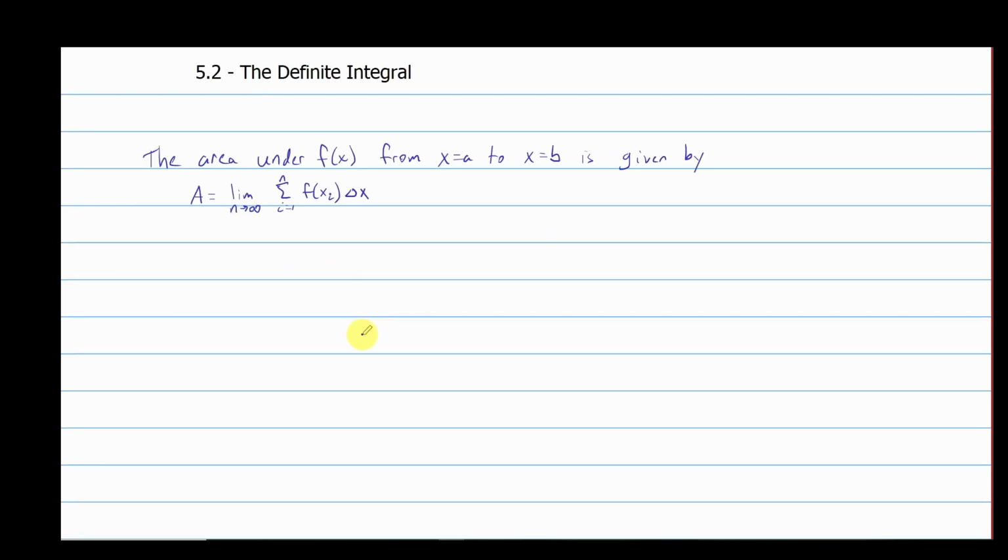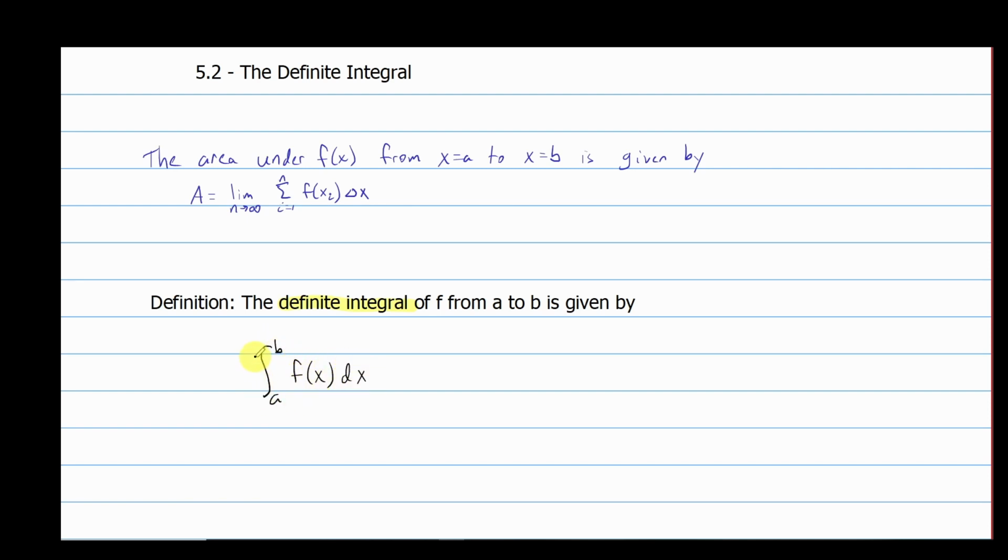What we're going to do is define this area as a definite integral. So the definite integral of f from a to b is given by, first I'm going to write how we write the definite integral. So we have our integral symbol that we saw from the antiderivative section, but since we're going from a to b, we put those limits on there.